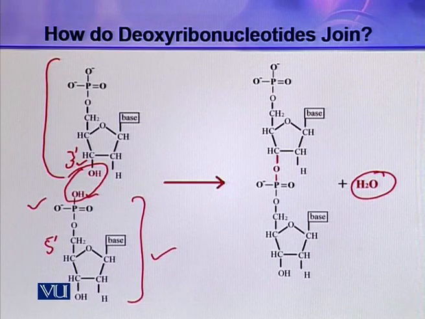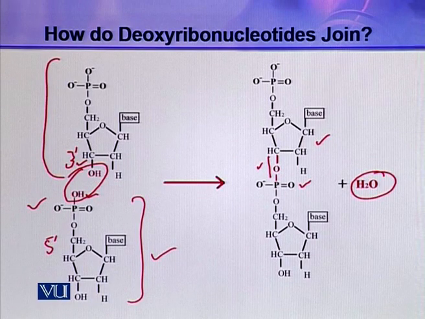So this ester linkage is established between the pentose of one nucleotide and the phosphoric acid of the other nucleotide. So one nucleotide is attached by this ester linkage to the other nucleotide.